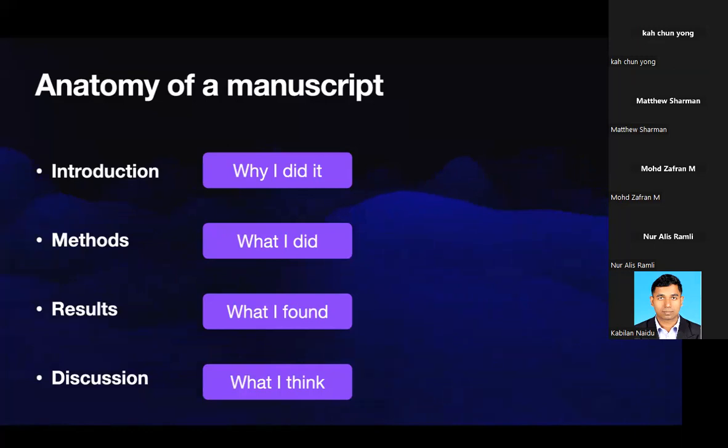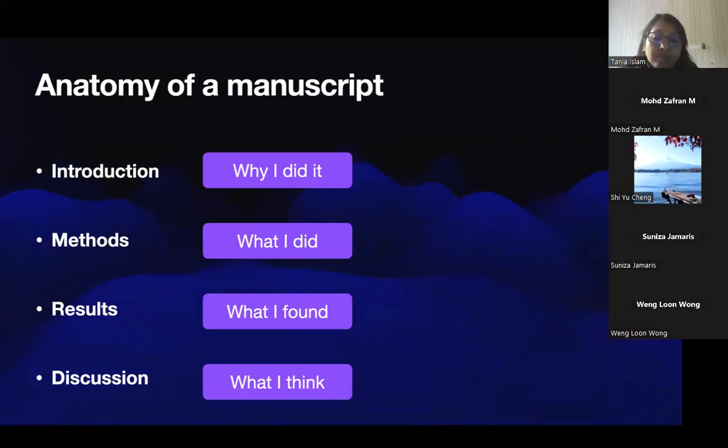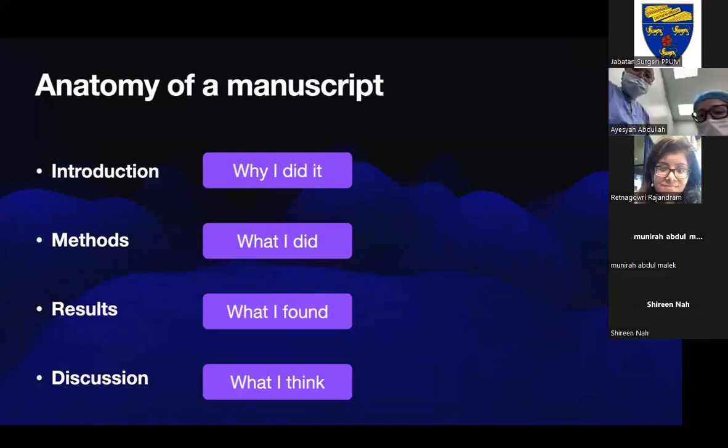And then most commonly, the discussion section is what you think about your results, and often the mistake is that you put an opinion about your results in your results. So you say something like, oh, interestingly, I found that the rate of complications was higher in laparoscopic cholecystectomy, and this may be because... but all this hypothesis should be in the discussion section, not in the results, okay?